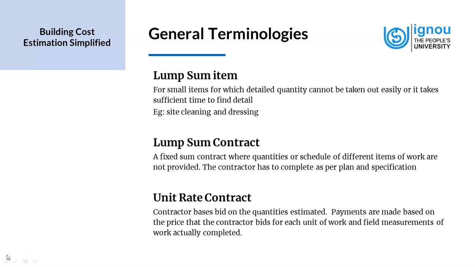Now, if the scope of work in the process of constructing the project exceeds what was originally agreed upon, or some rework has to be done due to change in design, then that item will be considered as variation, and the contractor is paid extra on a mutually agreed basis. And that's how we do the lump sum contract.